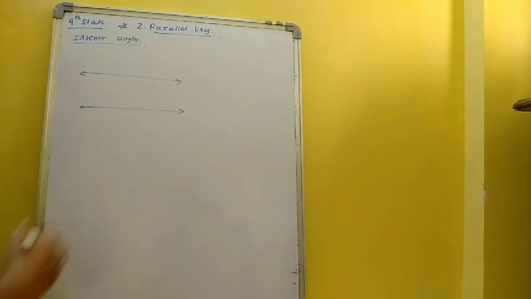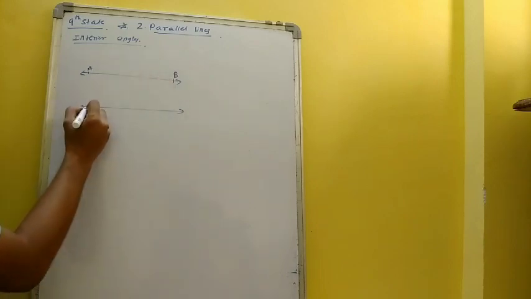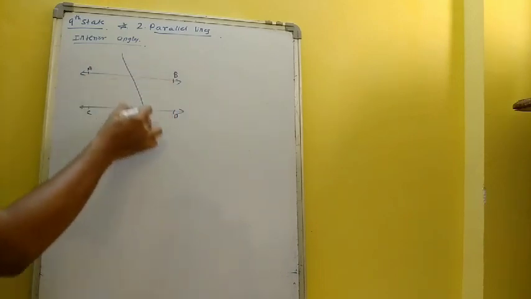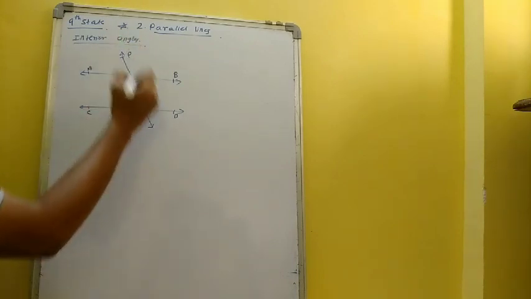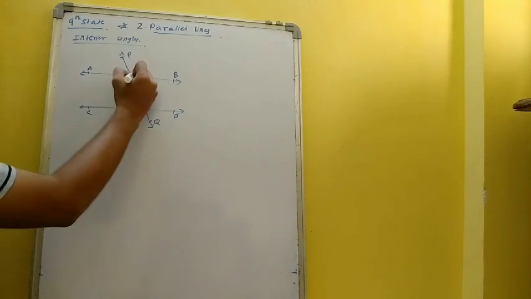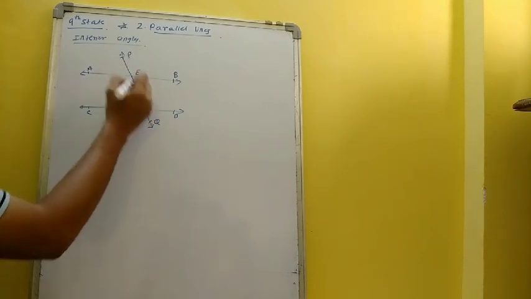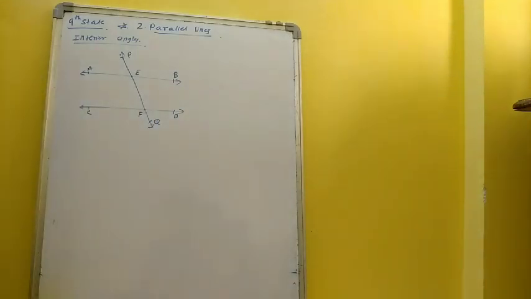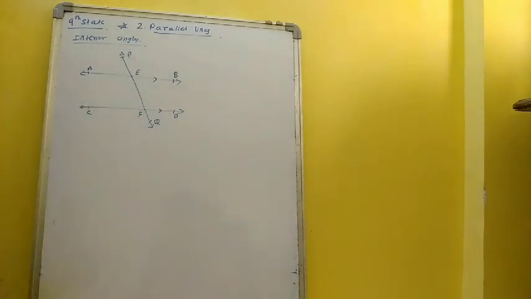I can say that AB is parallel to CD, and we have a transversal over here. I'll name this transversal PQ, and I'll name the points E and F. We have two parallel lines and a transversal.